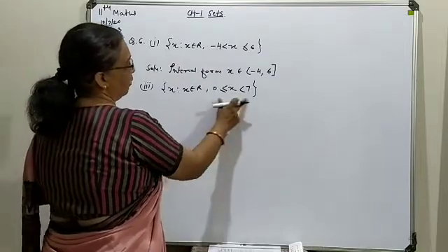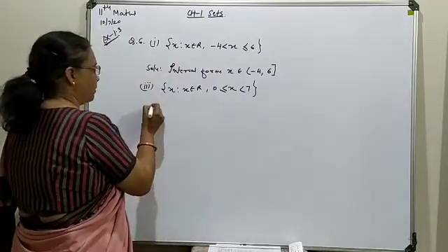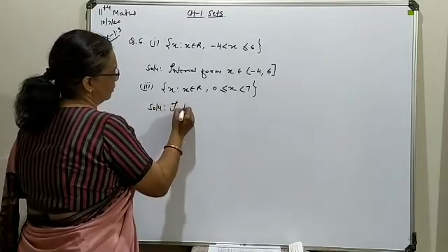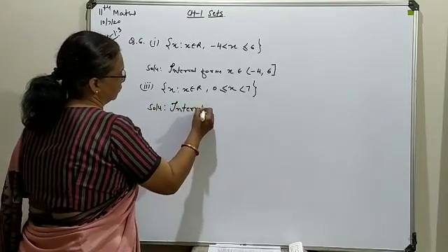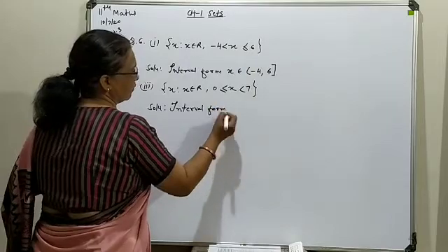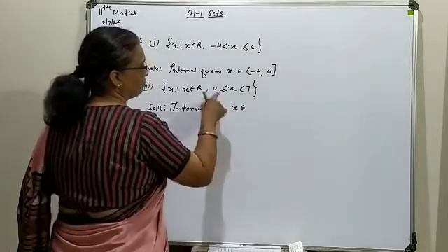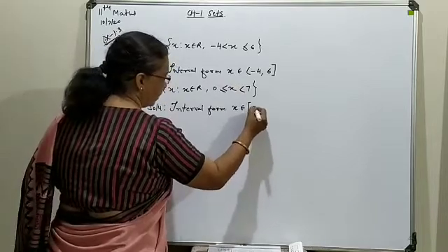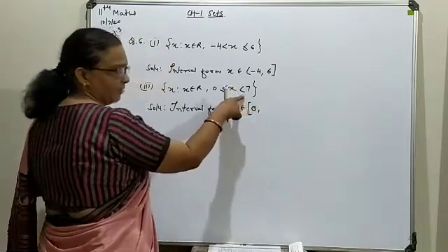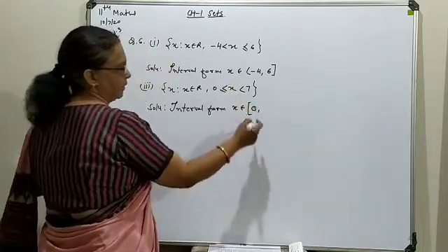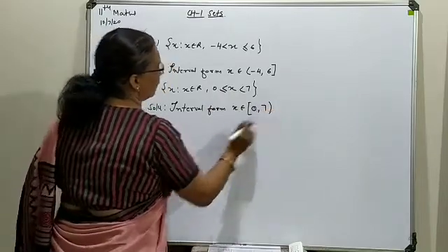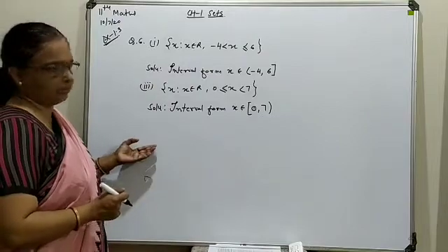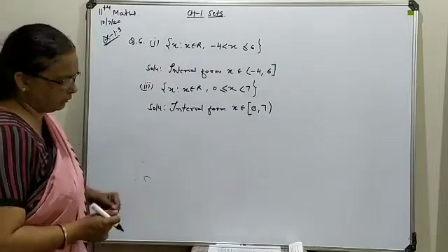So the interval form of this statement we can write as x belongs to the closed bracket 0, and this side remains open because of the non-equality sign, so 7 remains open. This is one more example of writing interval form.